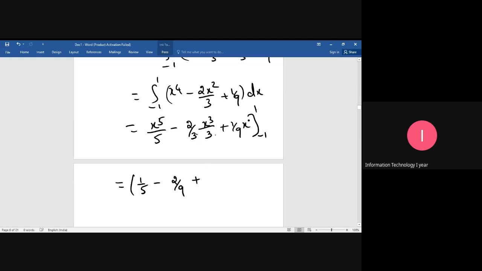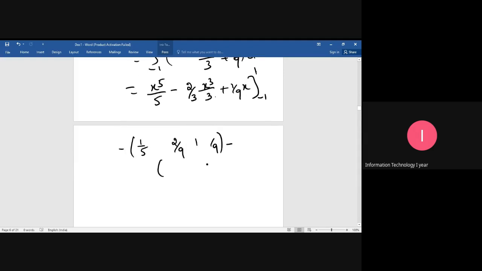Plus, substituting x by 1, it is 1 by 9. Minus the lower limit, substituting x by minus 1. So minus 1 power 5 is minus 1, giving 1 by 5. Here also minus, so it is actually plus 2 by 9.